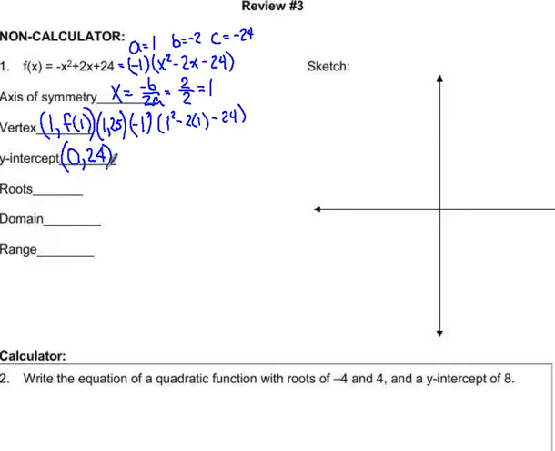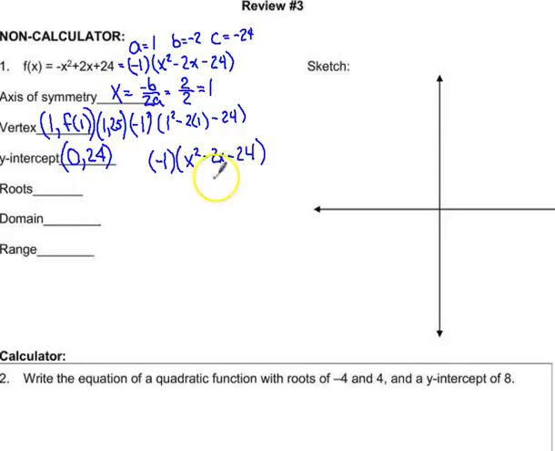To find the roots, what we do is we're going to factor our equation. So I'm going to rewrite our equation. We have -1 times x squared minus 2x minus 24. We can do the old AC method.